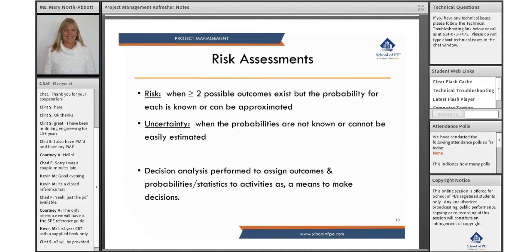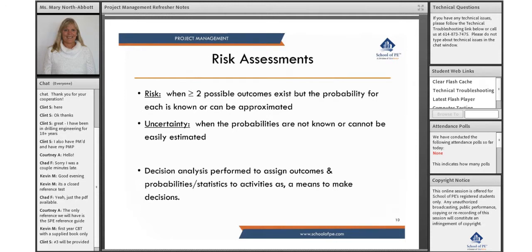Risk assessment. Risk is important, and I think it comes down to understanding the difference between risk and uncertainty. Risk is when there are two or more possible outcomes, and you know the probability of each. For example, I know my risk of drilling a dry hole or of hitting the target is this, so you have some kind of probability assigned to it.